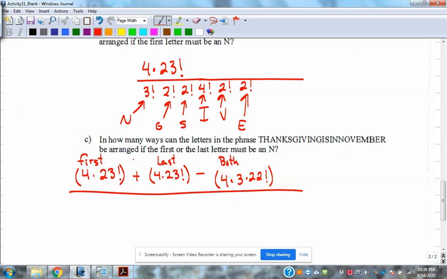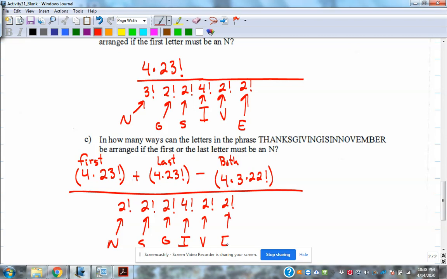Again, we'll have 2 factorial for the N's, 2 factorial for the G's, since I already did S. 4 factorial for the I's, and then 2 factorial and 2 factorial for the V and the E, just like we've done on the others.